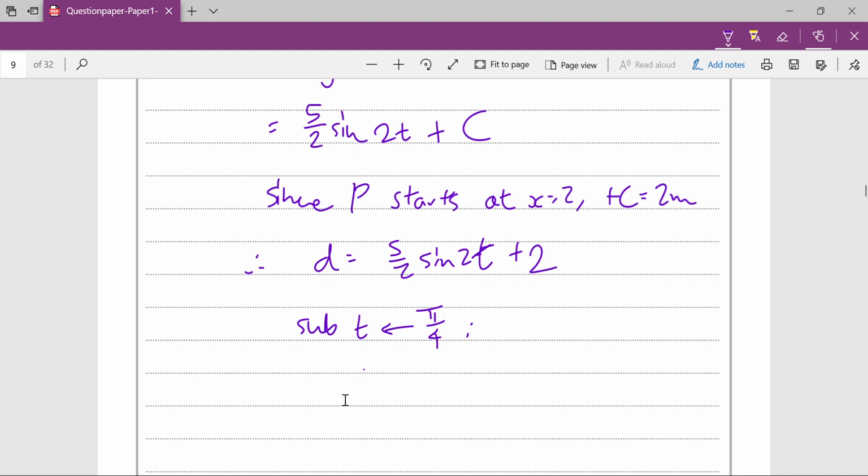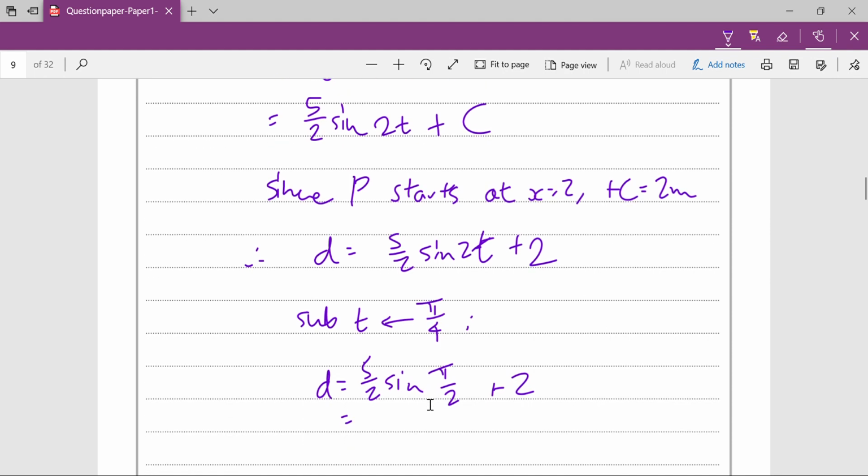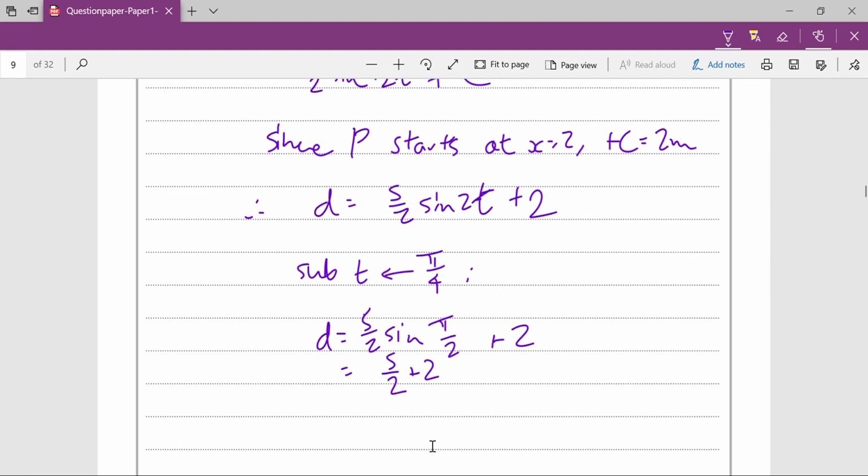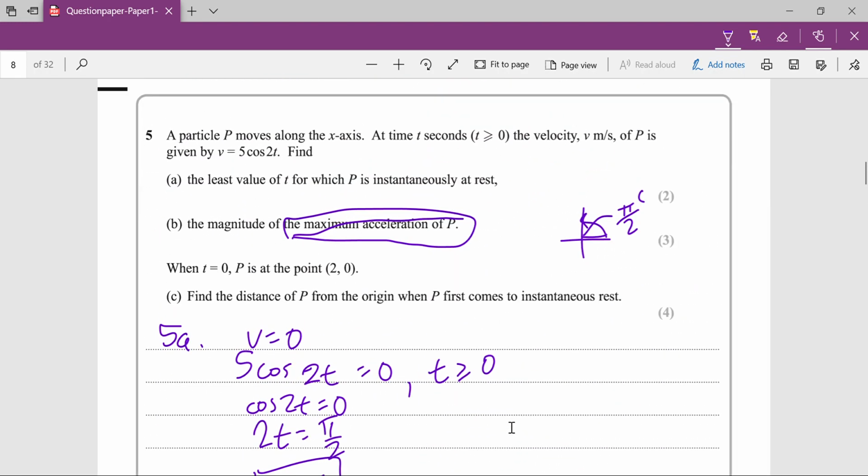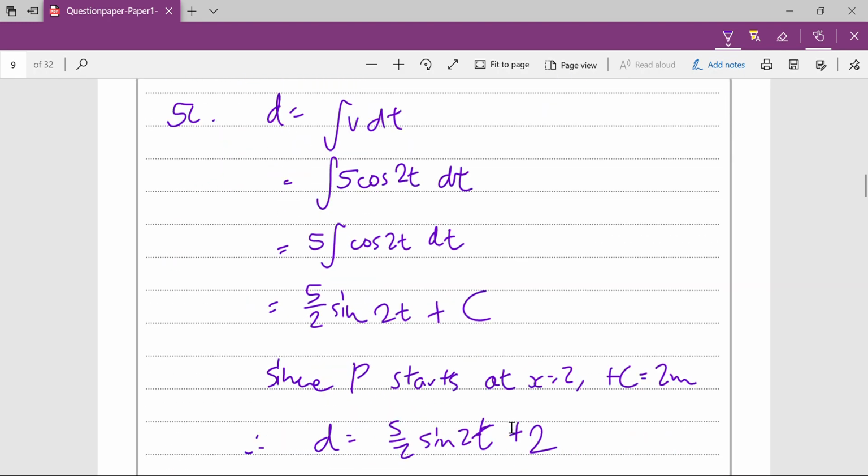So you get d is equal to 5 over 2 sine pi over 2 plus 2, and sine pi over 2 is going to be equal to 0. Actually no, sine pi over 2 is going to be equal to 1, right? So it's going to be 5 over 2 plus 2. And in this case, it'll evaluate to 9 over 2 meters. That is the displacement from the origin when it first comes to instantaneous rest.